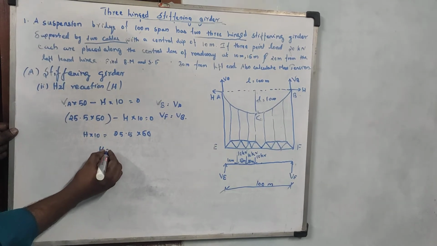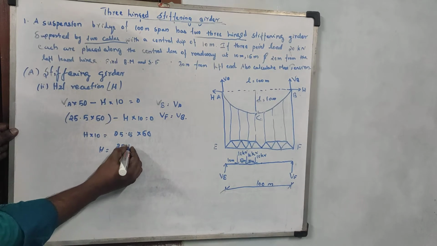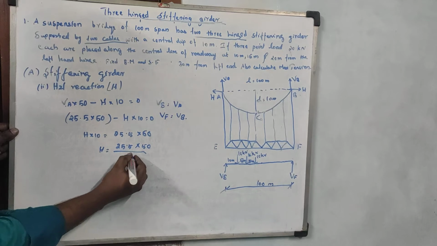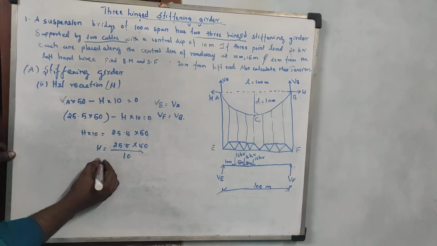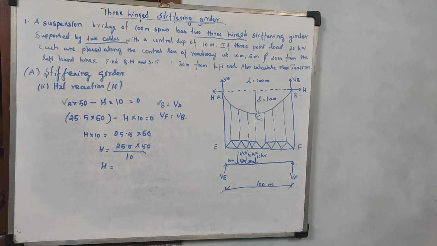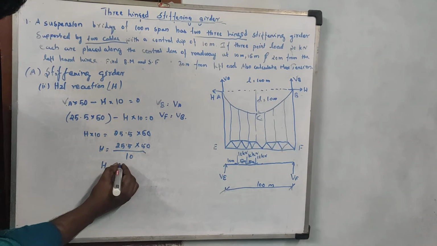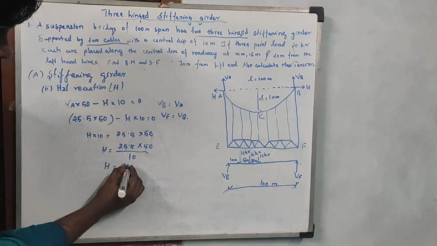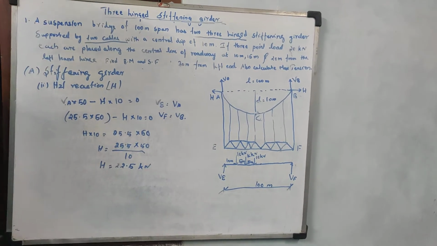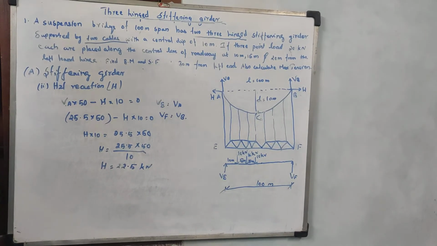Therefore, H equal to 25.5 into 50 divided by 10. Therefore, H equal to 22.5.